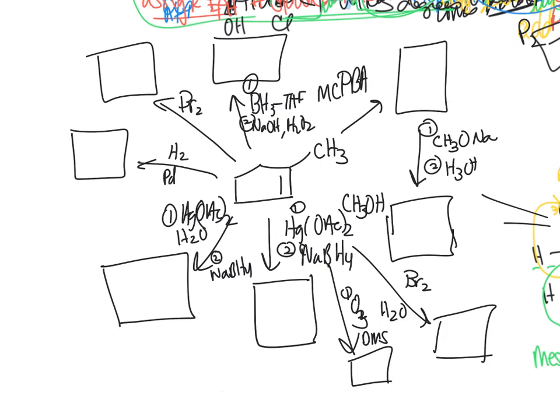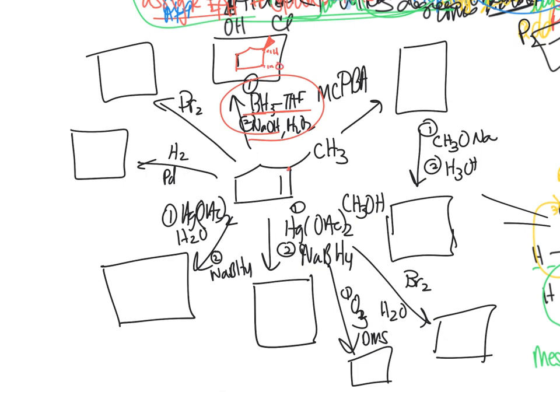All right, so this makes an alkene to an alcohol, and it's going to give you the least substituted. So we'll put that here. And it's going to deliver a hydrogen here.